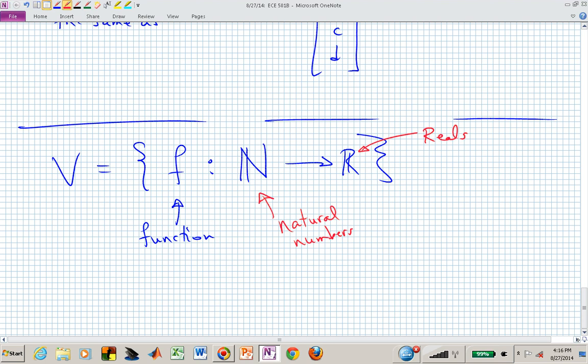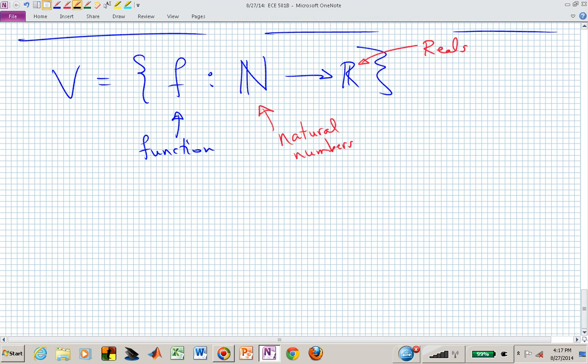And we need to show that indeed this does satisfy the properties of a vector space. Let's just look at some examples of functions that might belong to this vector space. For example, we might say a particular function, let's say f sub 1 of n is actually n plus 1. That takes an argument of a natural number n and produces a real number, n plus 1.